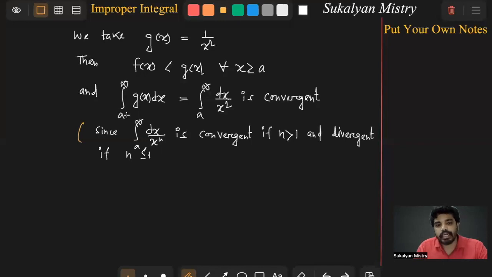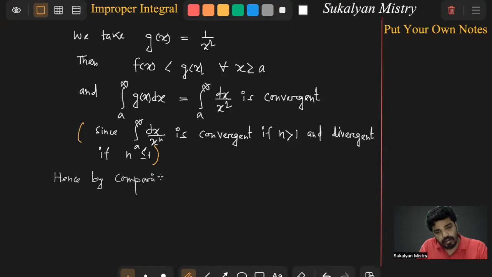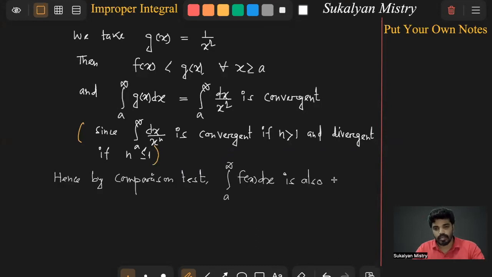So we get a to infinity g(x) dx is convergent. So by comparison test, integration a to infinity f(x) dx is also convergent.